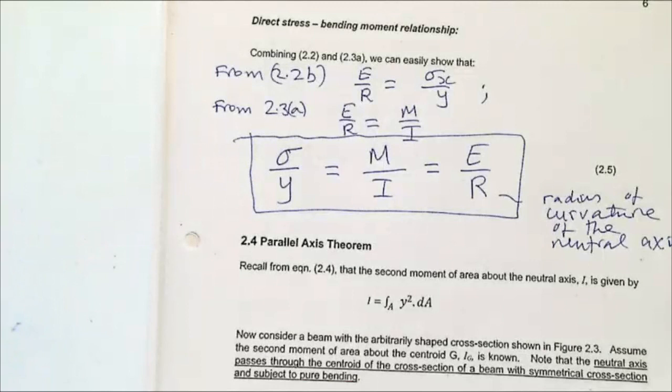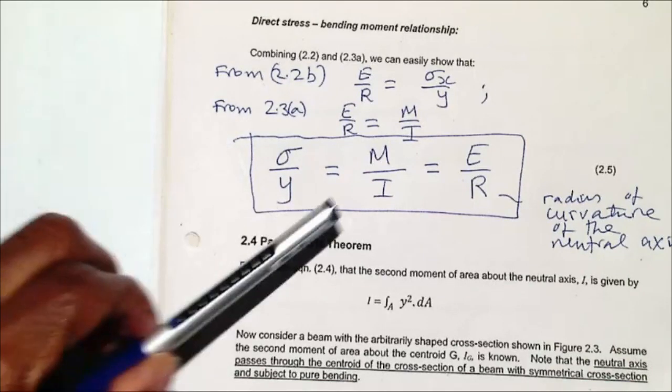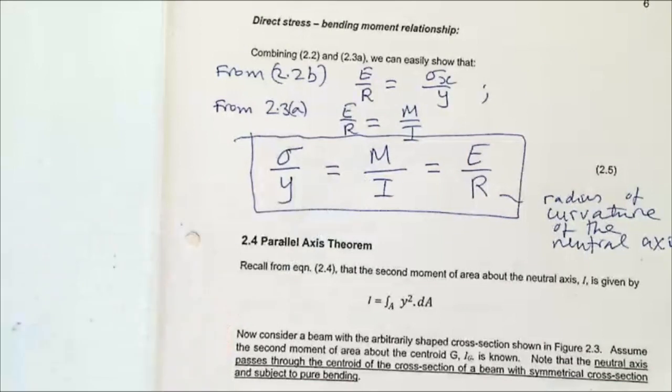So I want everybody to leave here with one single message, that you can find the stress that is developed in a beam, in bending, at any location in the beam. And to do that, you've got to be able to find the magnitude of the bending moment where you are in the beam, and therefore you can now use this. We will do that on Monday.